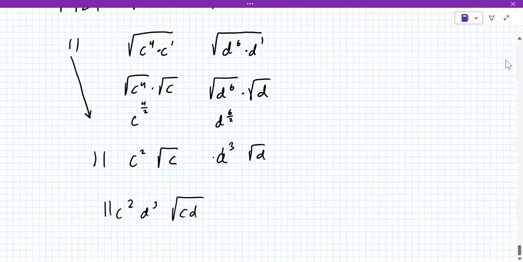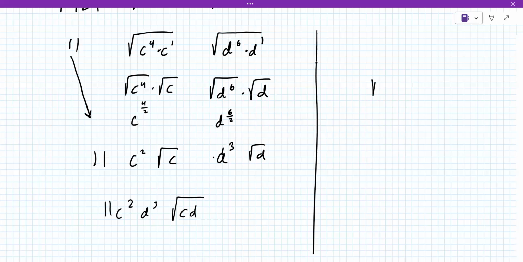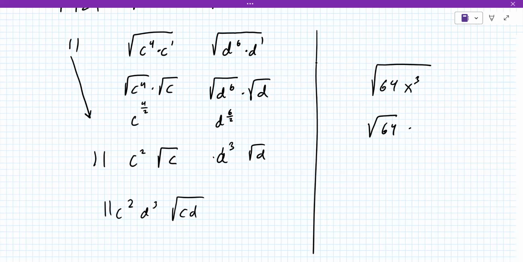Yeah. Okay. So real quick here, let's just say it was 64 x cubed. It's the square root of 64 times the square root of x cubed. Square root of 64 is 8. Square root of x cubed is x squared times x to the 1.